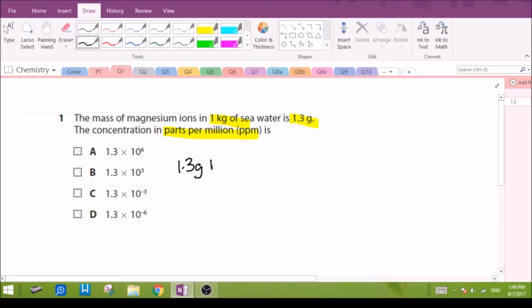So let's write out what we have. 1.3 grams magnesium ions, and it is dissolved in 1 kilogram of seawater.